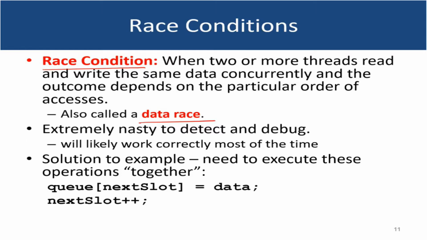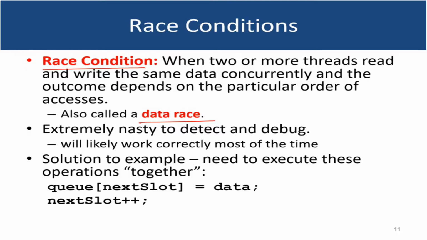Mainly because if you run the same multi-threaded program several times, most of the time you will see that your program works correctly. Only sometimes it doesn't. So for instance, in our previous example, recall when the two threads were able to execute both their instructions consecutively for updating the queue as well as incrementing the next slot.